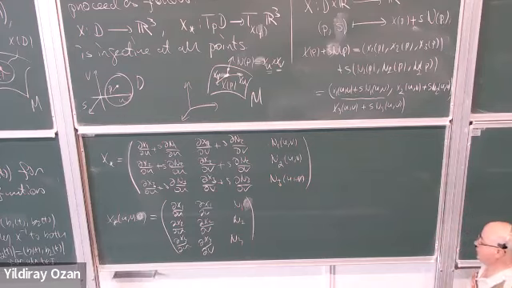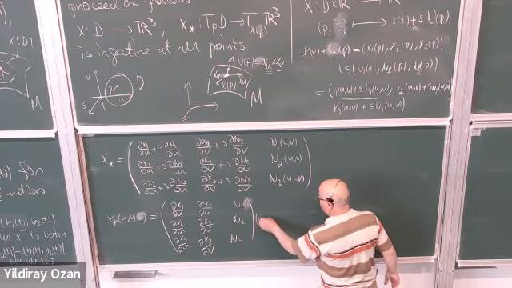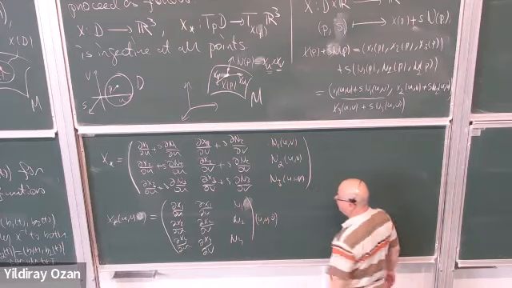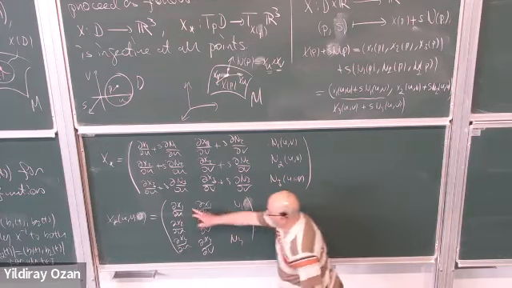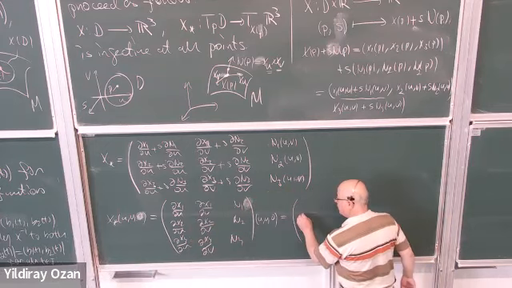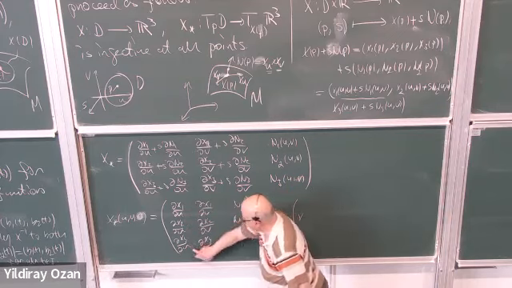Now what is the determinant of this gadget? At the point uv 0, the first column is just the derivative of x with respect to u.